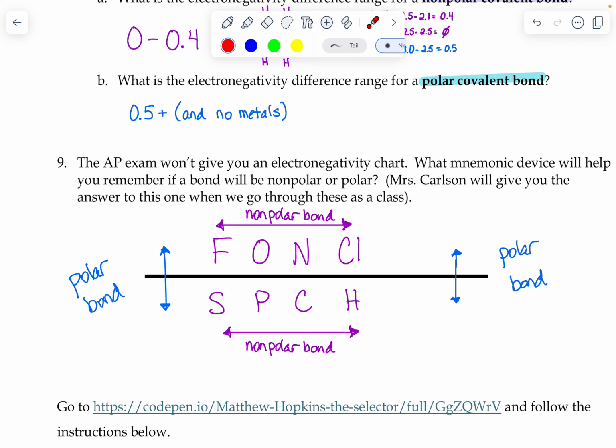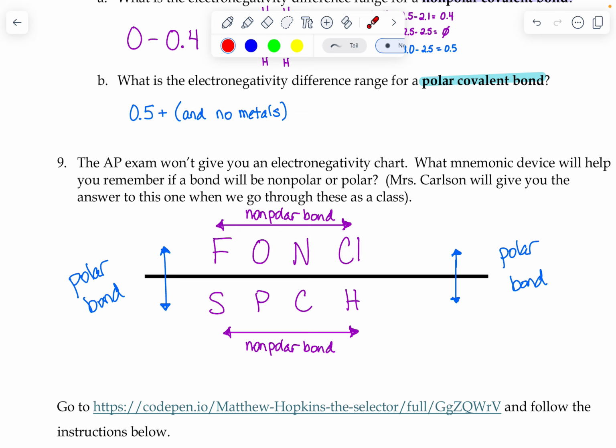So if you were looking at a bond between F and O, let's say, going horizontally here, or between F and N, or between chlorine and oxygen, these all above the dark heavy line have electronegativity values similar enough that the difference between their values would fall in that 0 to 0.4 range.